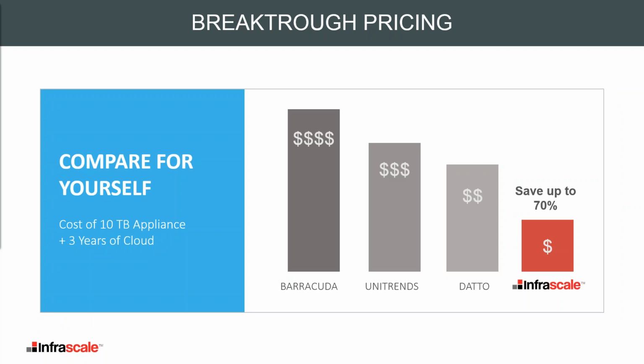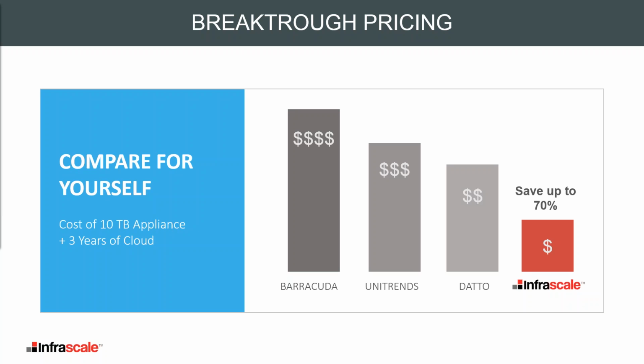Okay, great. So the last thing that we're going to cover is pricing, and then we'll jump into the Q&A. So when we talked about pricing, we did a comparison here with a couple of other vendors. When you do comparisons, you need to make sure that you're doing an apples-to-apples comparison, right? So this particular comparison is the cost of a 10 terabyte appliance and 3 years of cloud.